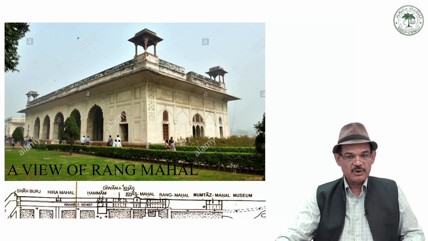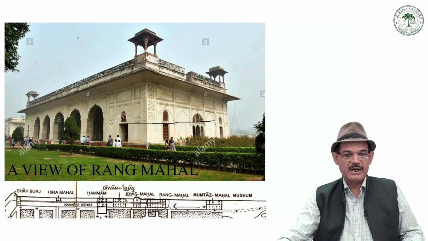It is situated on the northern side of the Mumtaz Mahal, and it is built on a platform of red sandstone. It is composed of a large hall, and the large hall, especially on the northern and southern sides, is surrounded by chambers and cloisters.